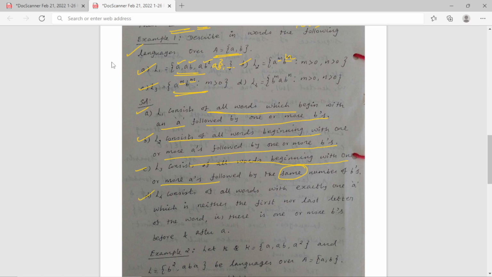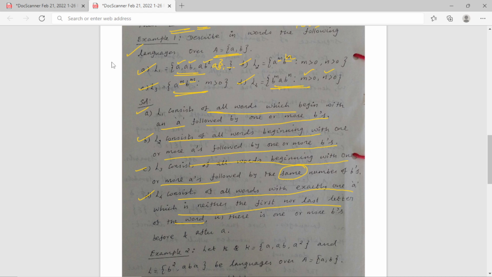Okay. Next, let me move on to the last one. L4. L4 consists of the set of all strings of the form B power M, A, B power N with the condition that both M and N are greater than 0, which means L4 consists of all words with exactly one A, which is neither the first nor the last letter of the word.